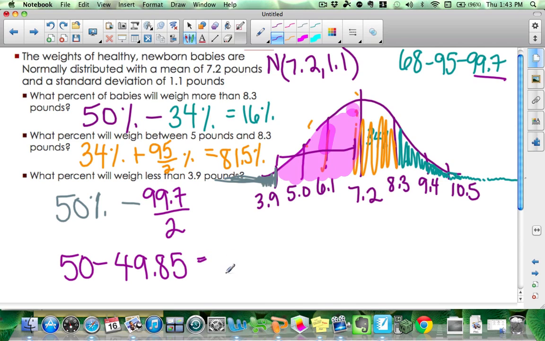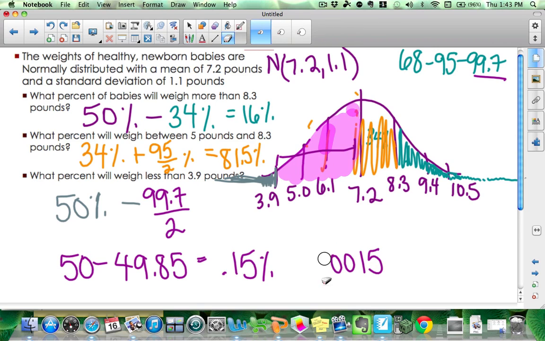If I subtract that from 50, it gives me 0.15%. Not 15%, 0.15%, or 0.0015.